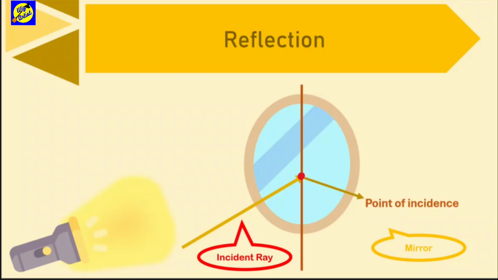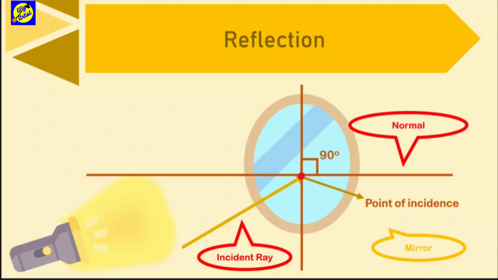Now let us draw a perpendicular line against this vertical imaginary line passing through the point of incidence. Perpendicular means that it has an angle of 90 degrees in between. This perpendicular horizontal line is called the normal, and the angle that the incident ray and the normal makes is called the angle of incidence.